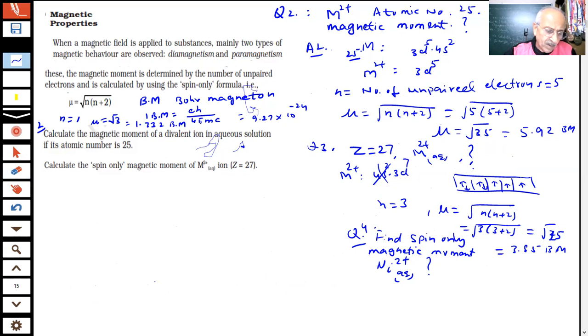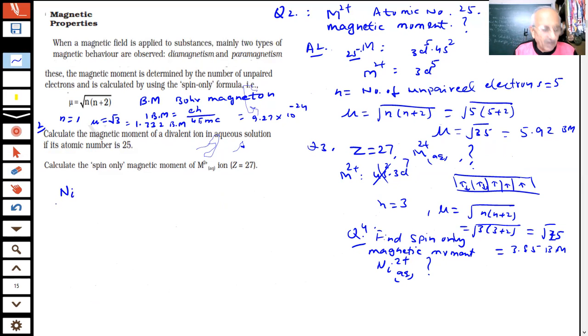So, two unpaired electrons, 2.828. What is the atomic number of nickel?